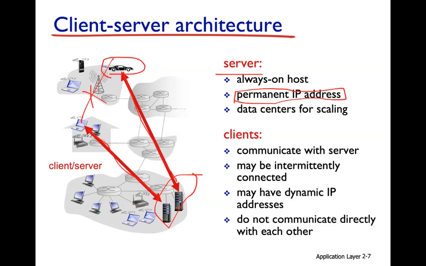Even if this guy wants to communicate with the car or another device, it goes through, for example, chatting, Skype, or Zoom. It will connect with the server, and the server will transmit that data to the other guys. So it's not directly communicating between each other.